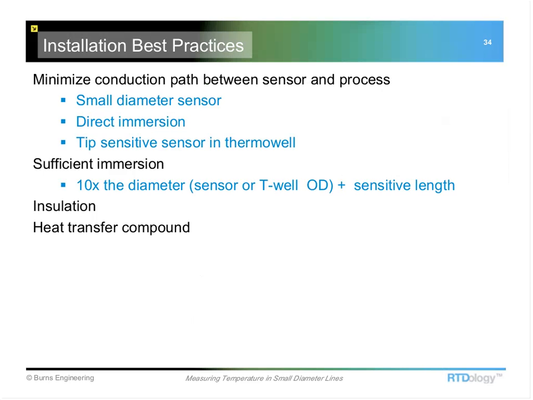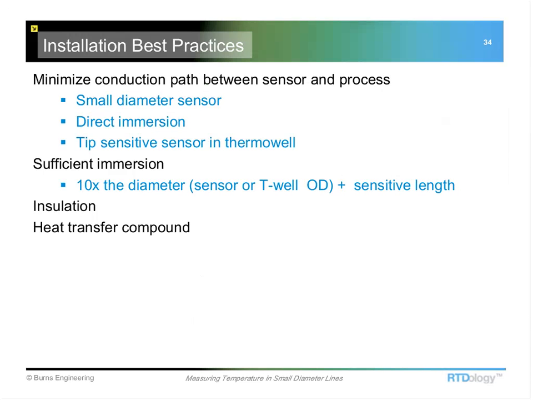So Bill, just a couple questions have come up. Probably a good point to answer some of those. One is, do you have a recommended insertion depth chart for different size pipes up to 4 inches, or is there some type of factor or rule of thumb that you can use? Well, for direct immersion sensors, we have that rule of thumb of 10 times the stem diameter plus the sensitive length of that sensor.